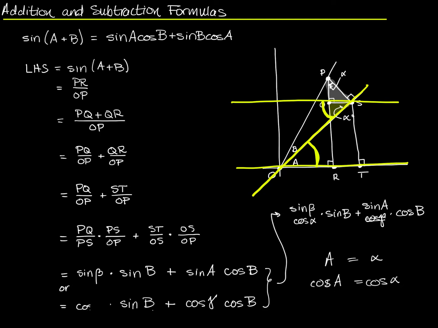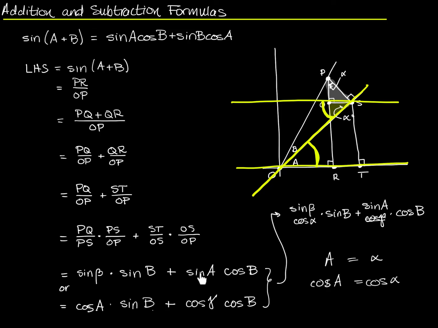Oh, I erased a little too much there. Now, I can take either sine B or cosine alpha, sine B or cosine A. Sine B is going to be sine B. Cosine B is fixed for both of these.